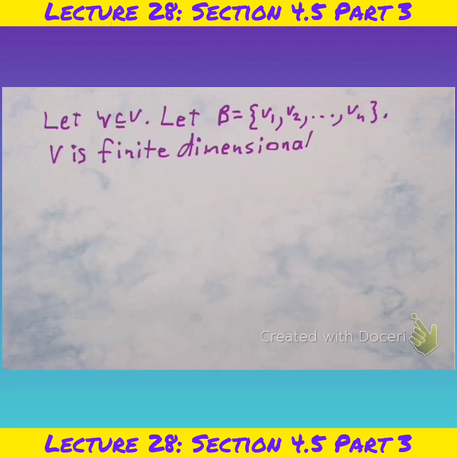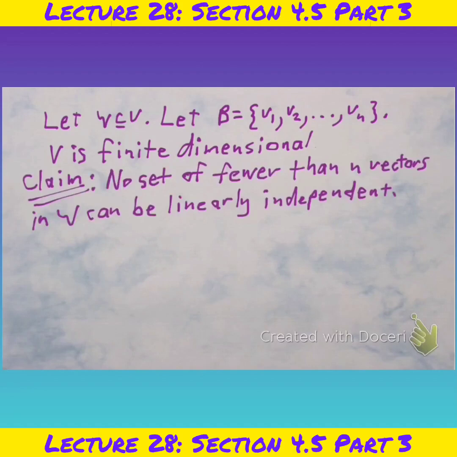We take a subspace W of V, and we take a basis for V, which has n vectors, and we said V is finite dimensional. So we claim the following: no set of fewer than n vectors in W can be linearly independent.